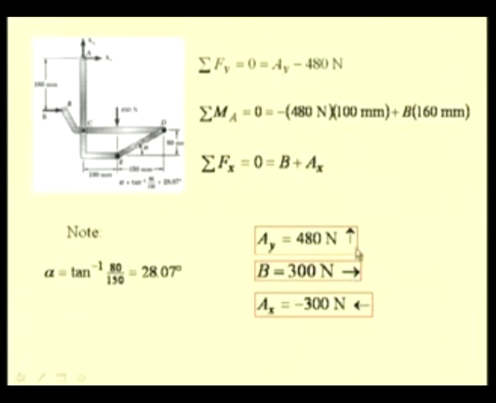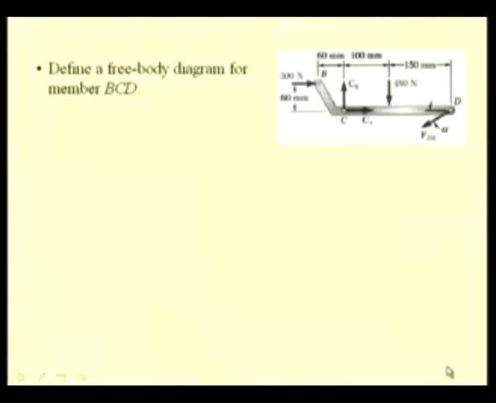Now that we have determined this external reaction, let us dismember the frame and construct the free body diagram for the constituent members. First, let us consider one of the multi-force members, say BCD. This diagram shows the free body diagram of the multi-force member BCD.